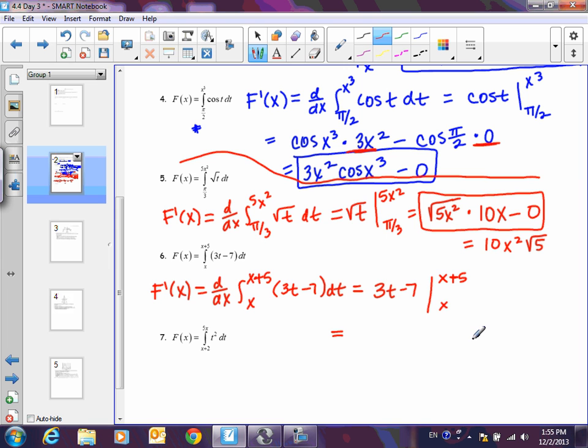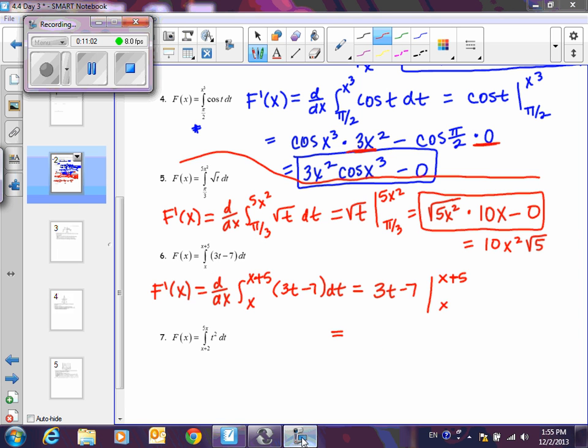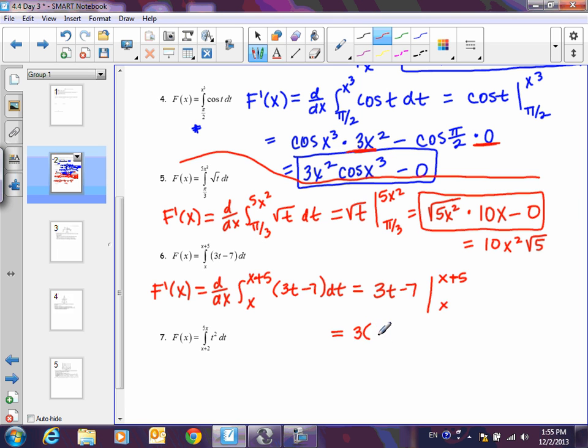They should all be replaced. It's always f of this minus f of that.